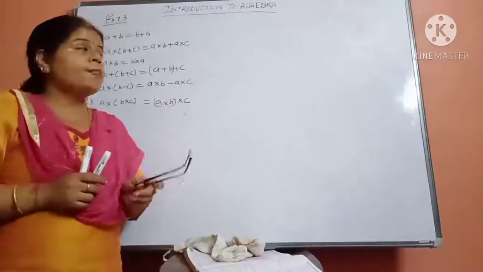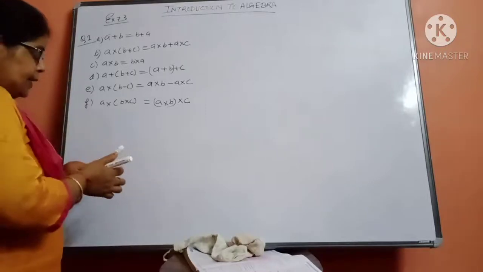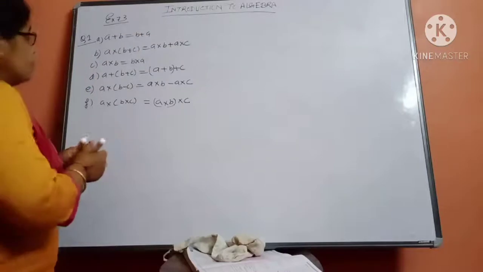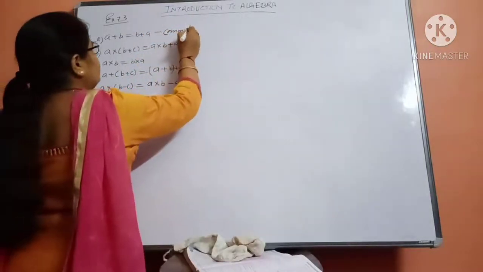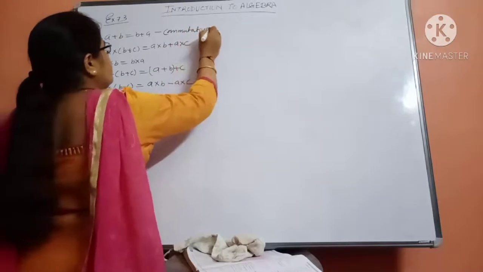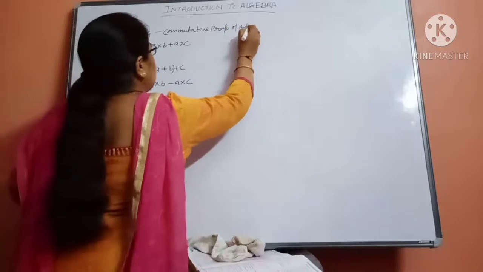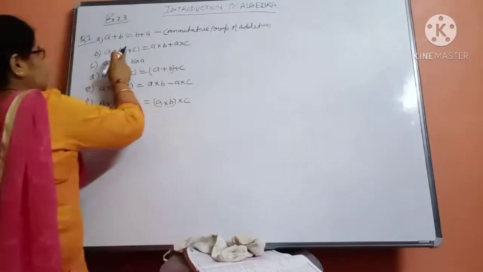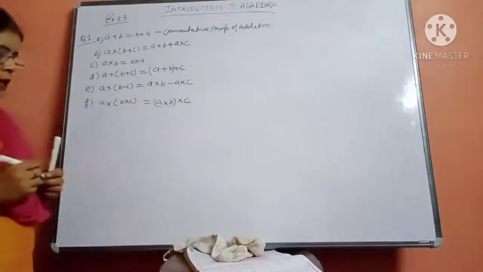Okay beta. Now see that a plus b is equal to b plus a. What is this property? This is the commutative property of addition. So I am identifying them; you can also identify them. a into (b plus c) is equal to a into b plus a into c. What is this?